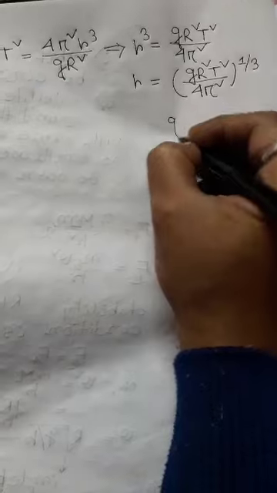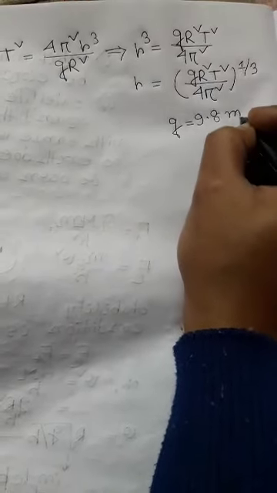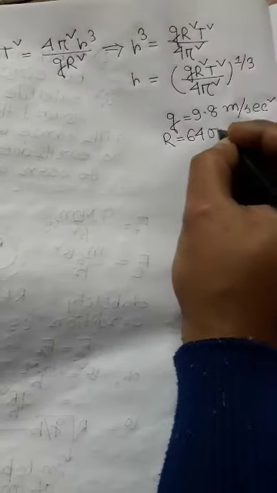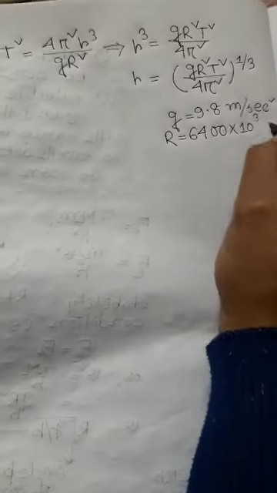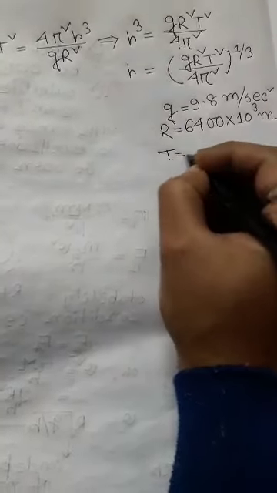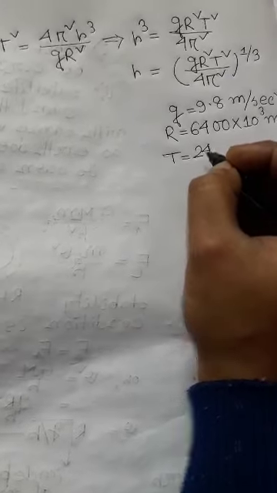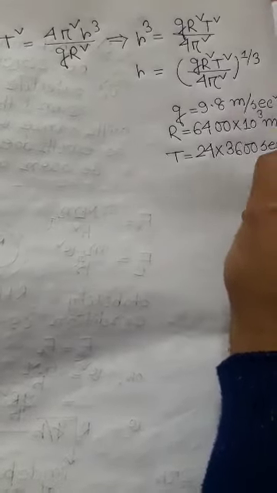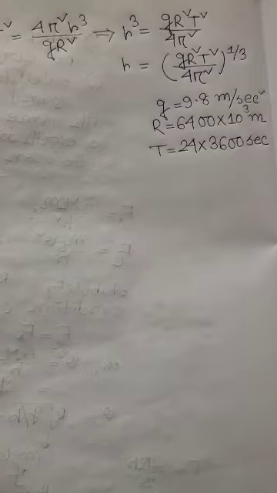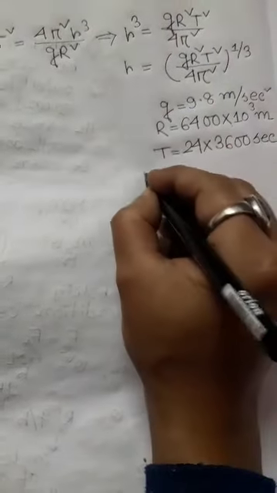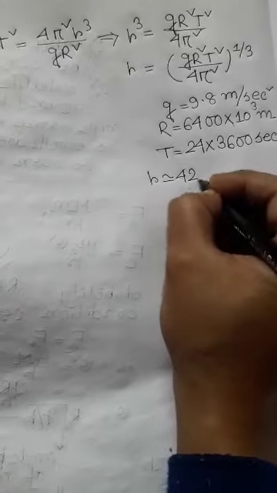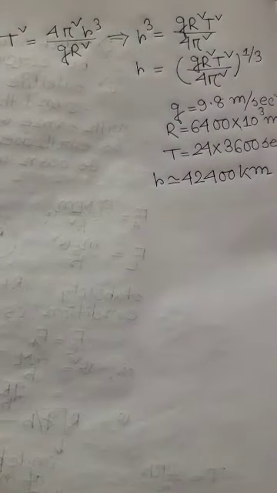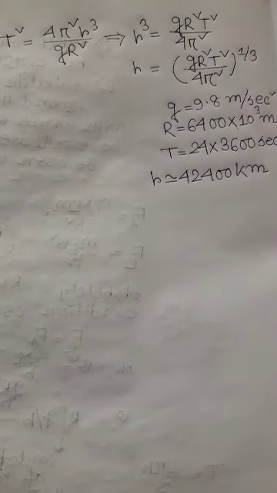If we substitute G as 9.8 meter per second squared, capital R as 6.4 into 10 cubed meter, and T as 24 hours, that means 24 multiplied by 3600 seconds, then r will become approximately 42,400 kilometer. So we get r.